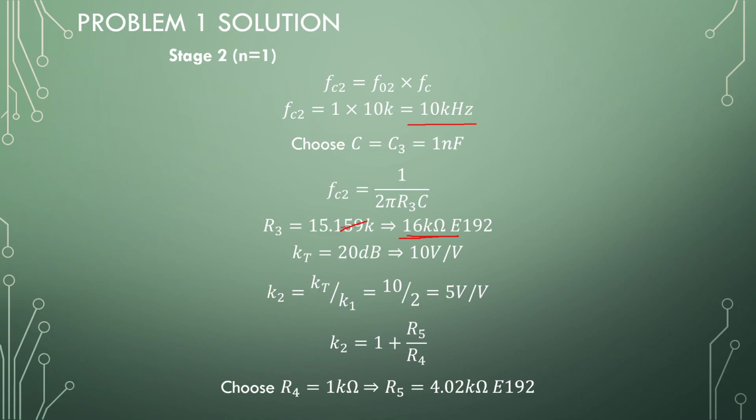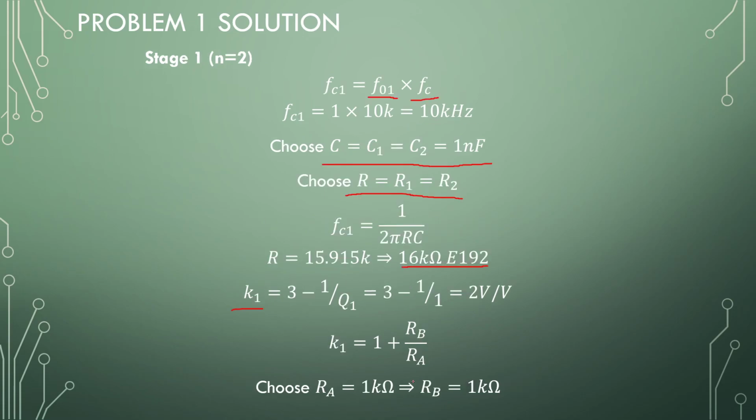Sorry, my bad. Dyslexia took over a bit. Anyways, this will be 16 kilo ohms, the same as the first stage. That is the very nice thing of the Butterworth. You can design one and everything will be the same. The only thing that will differ from stage to stage is RA and RB.